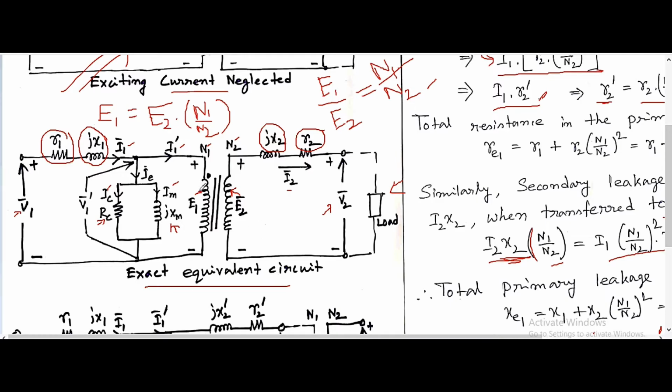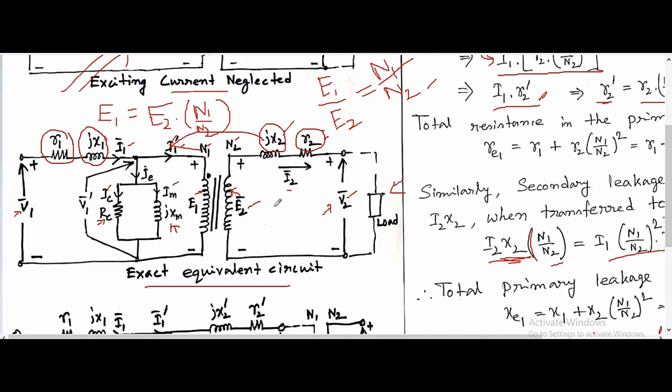Now, if we want to transfer the secondary parameters, R2, jX2, voltage V2, E2, these all are the parameters. When we are going to transfer these parameters to the primary, we cannot do that directly, as the voltage rating and current rating of the secondary and primary are different.